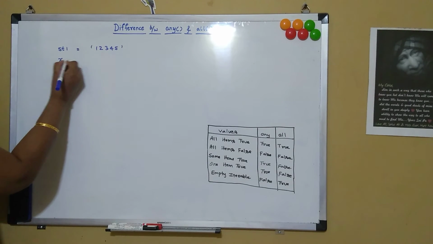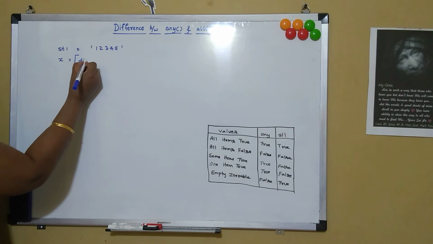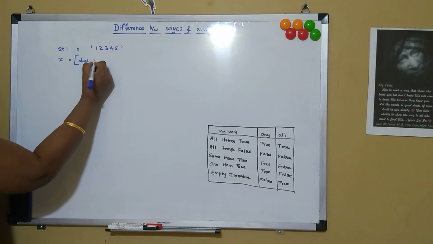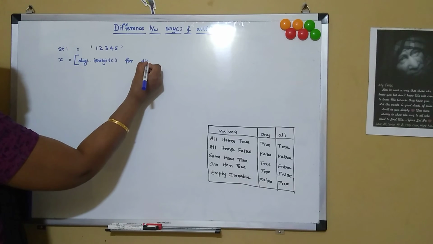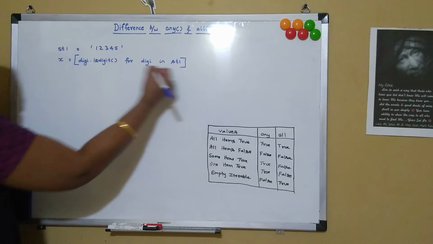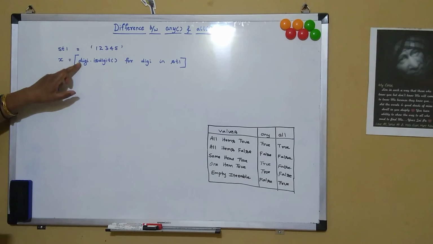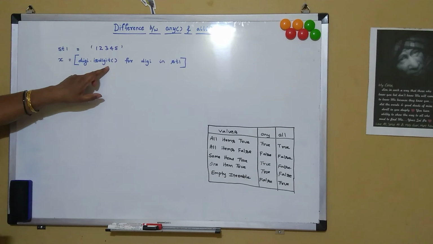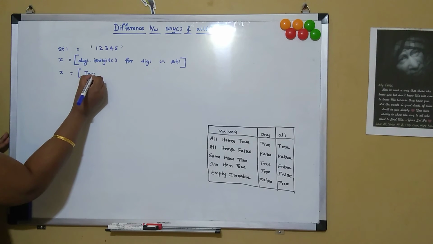Now let me create my x, that is a list with the help of list comprehension: digi.isdigit() for digi in st1. So it will take character by character. Digi will be first 1. 1 is checked with isdigit function. So 1 is a digit, so it will be true. So my x will have for first digit it will be true.